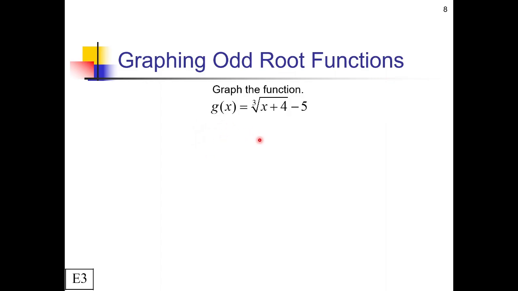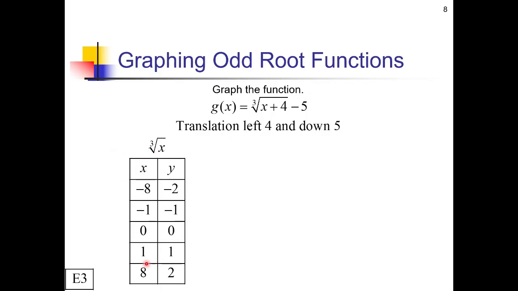All right, so just like before, let me figure out what's going on with this transformation. The plus 4 inside is a shift left of 4. Minus 5 gets us down 5 for that translation. So left 4, down 5 is what's happening with this. Here's my cube root parent table. Again, we're going -8, -1, 0, 1, 8 for the x values, and then -2, -1, 0, 1, 2 for the y values.